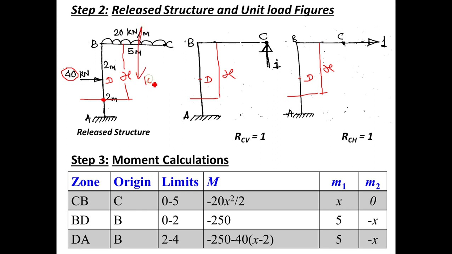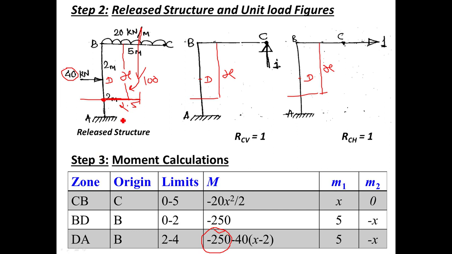The perpendicular distance of this from the point of section is 2.5, half of the 5. So 100 into 2.5 is 250 and it is clockwise, so minus. So in the first portion of the moment in the released structure, capital M column, it is minus 250. It is because of the UDL.